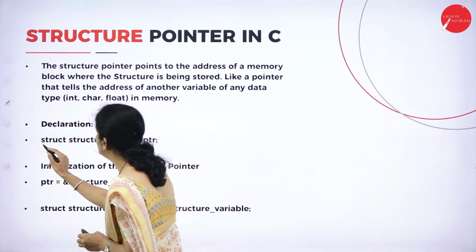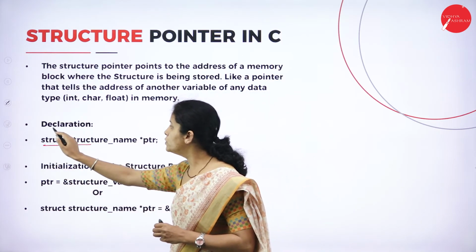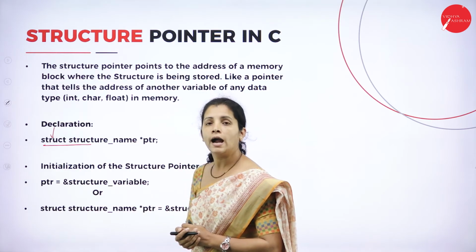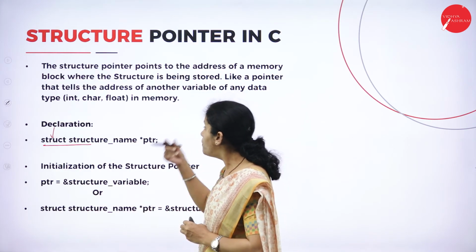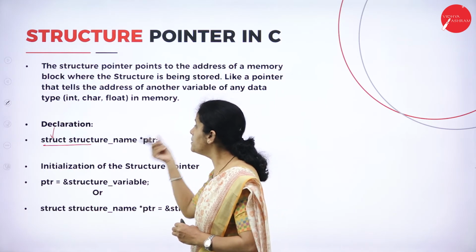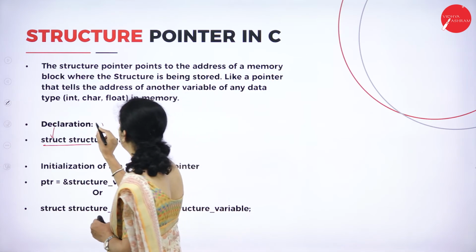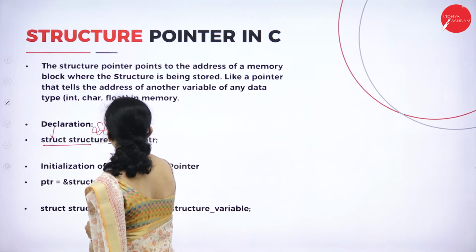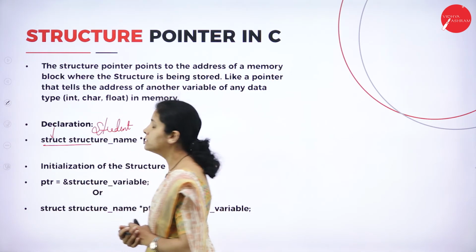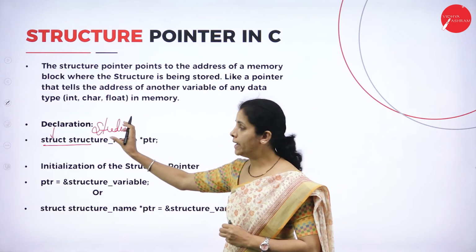So, what I want to do, I want to use structure. First I'm going to use the keyword struct and I'm going to create a pointer of type structure. I repeat, I'm going to create a pointer of type structure. So, here, for example, the structure name is student. Now, I'm going to create a pointer of type student.